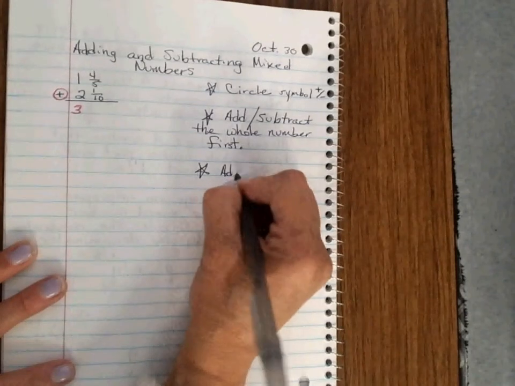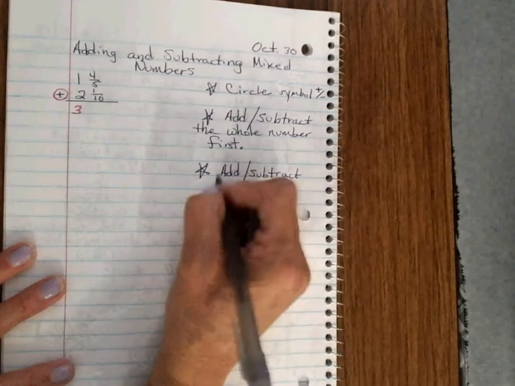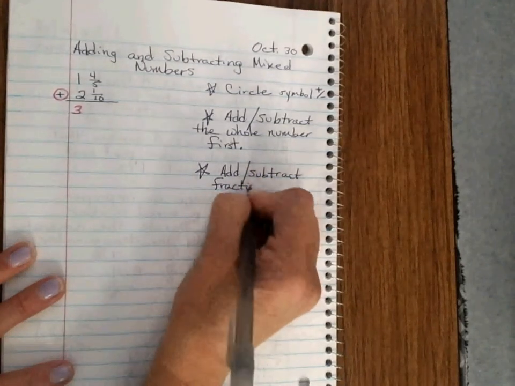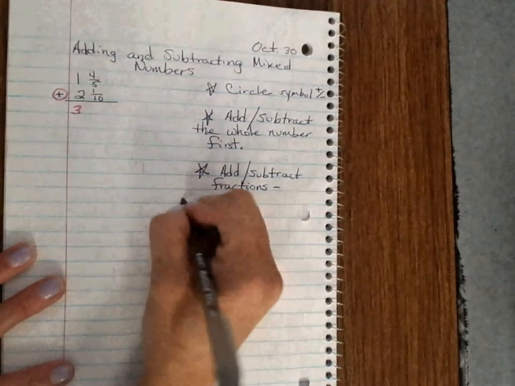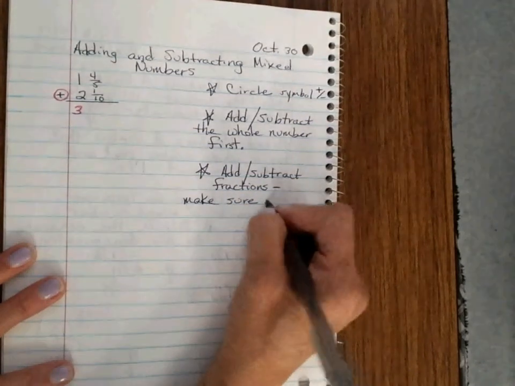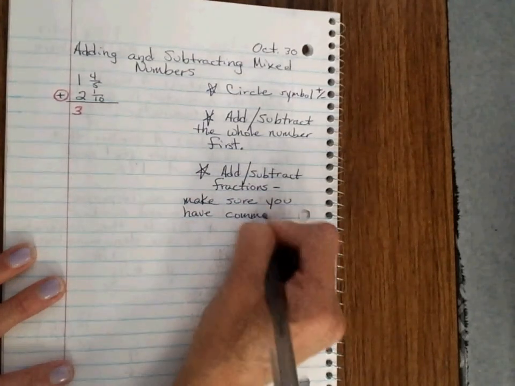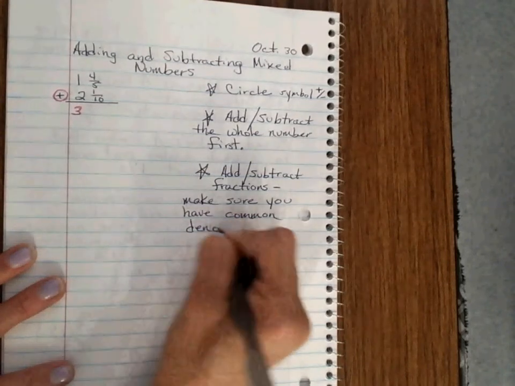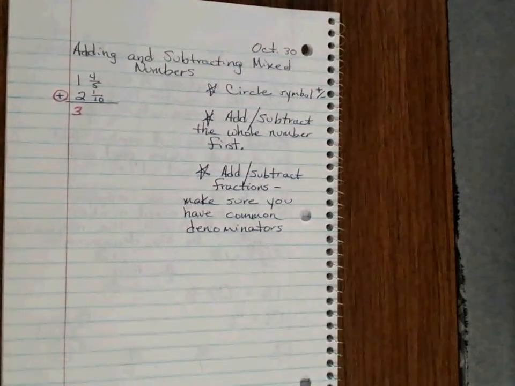So now, after I have taken care of the whole number part of the mixed number, now it is time to add or subtract the fractions. And remember, you need to make sure you have common denominators.